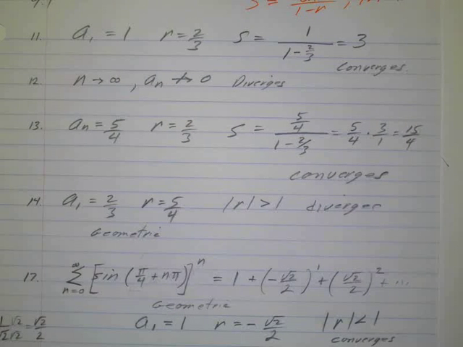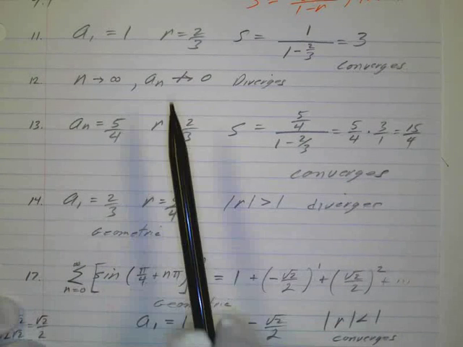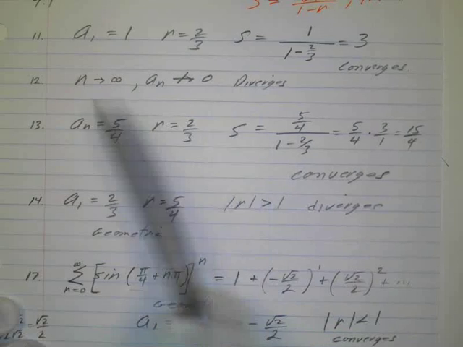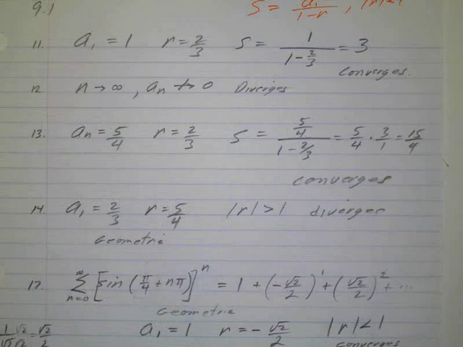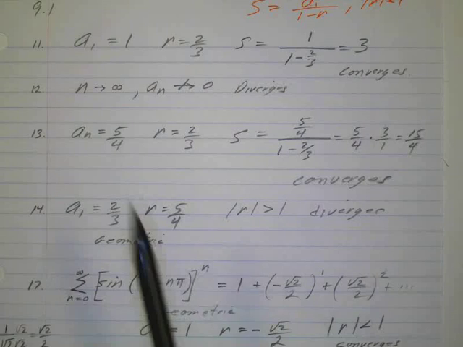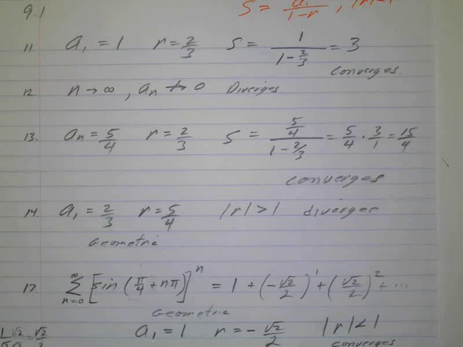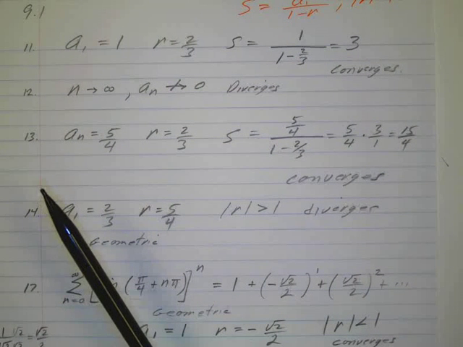There are easy ways to tell whether a series diverges by looking at that nth term. If the limit is 0, that doesn't necessarily mean that it converges, but if it's not 0, you know it diverges.